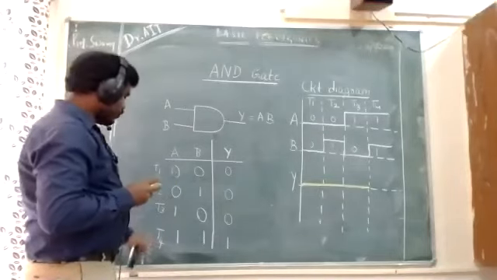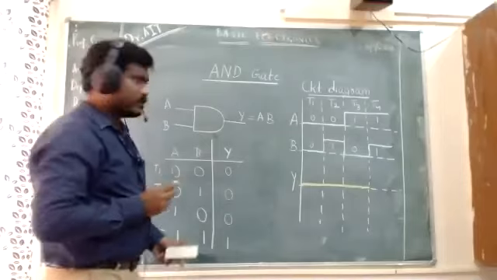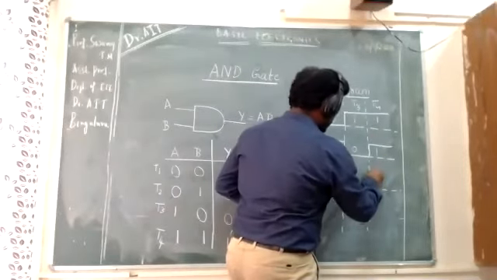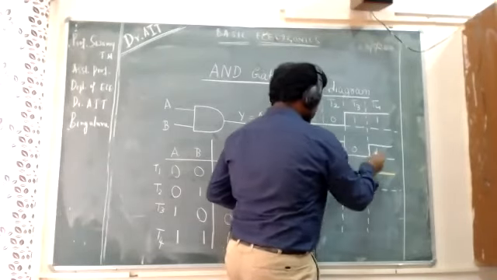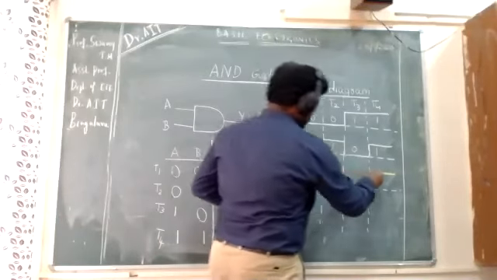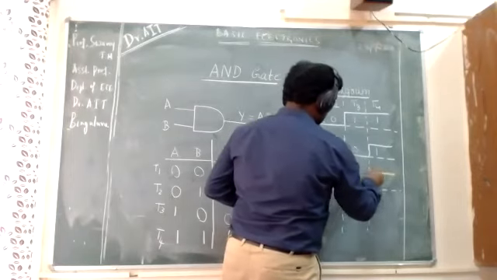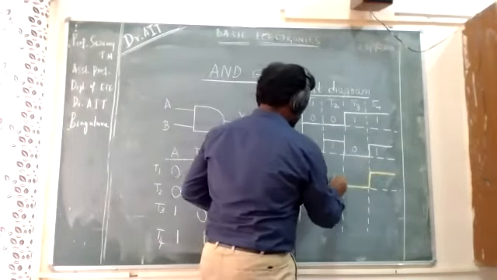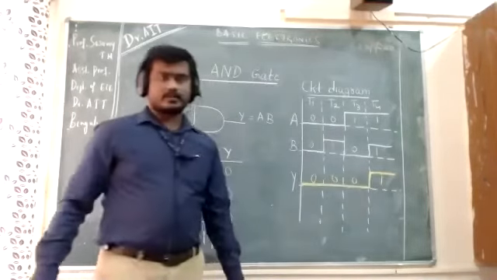Then for the last case, when 1 and 1 are there, the output is logic high. So the output is 0, 0, 0, and then logic high.